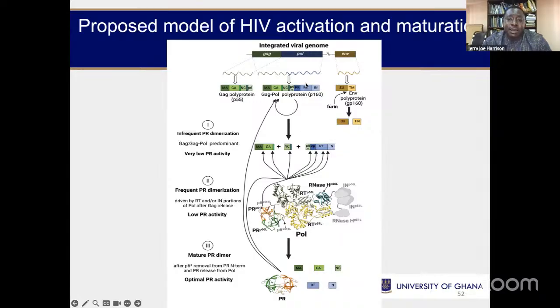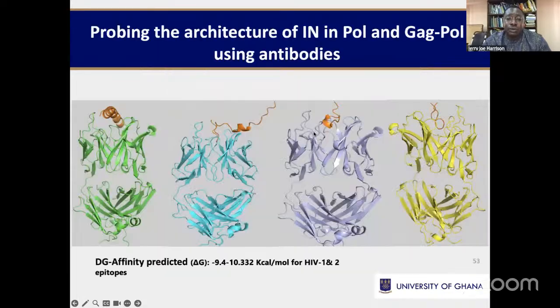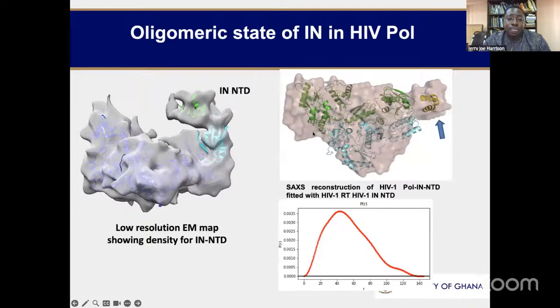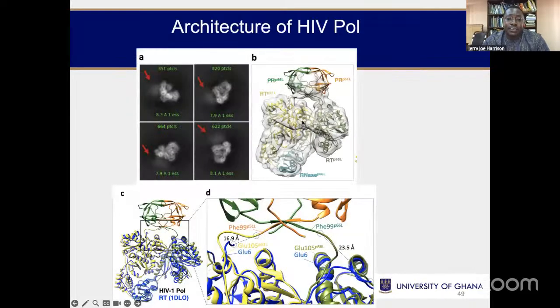But because RT has a very vast dimerization interface, we believe that just as other biochemical experiments have shown, the RT dimerizing helps the protease to also come together. So in the previous structures, we show that here the RT is a dimer, and if the RT is a dimer, that could actually facilitate the coming together of two protease units.